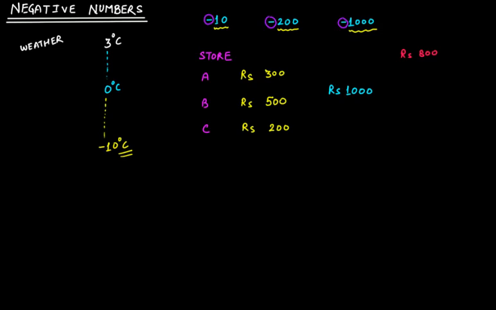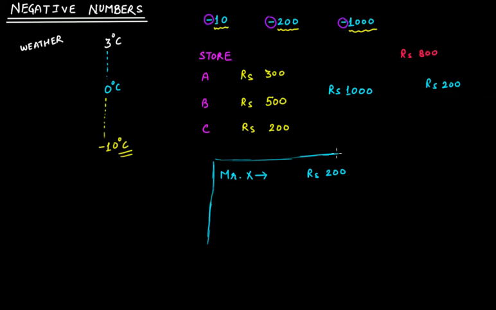So the shopkeeper opens the account copy where he or she writes all the dues. Your name is Mr. X, and you are short of rupees 200. So the shopkeeper writes here, Mr. X, rupees 200, and tells you that you have to pay this amount whenever you come next time to purchase anything from the shop or store.